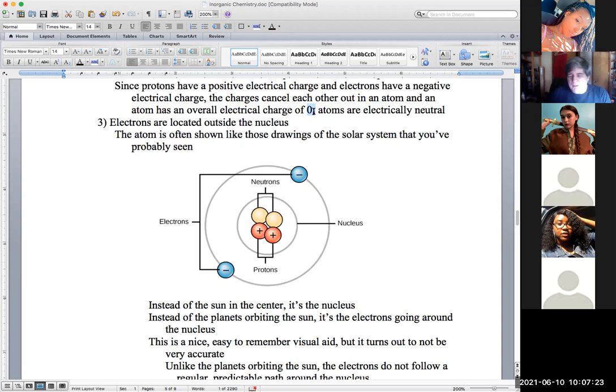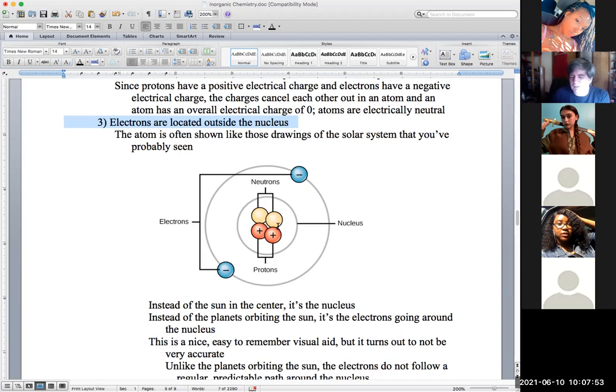Now, besides looking at the mass and the electrical charge, the third thing we've been discussing is where things are found. And electrons are not inside the nucleus, they're outside the nucleus. Notice here, this is an atom of helium, and helium has 2 protons, so 2 positive charges, and 2 electrons, 2 negative charges.